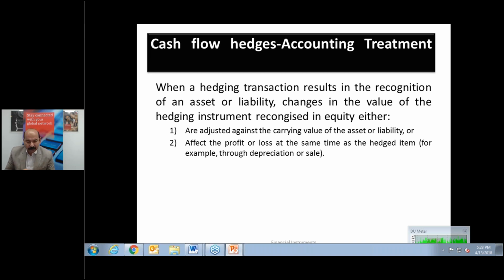Okay, and another pop-up is: you enter into an interest rate swap to receive variable interest rate and pay fixed interest rate.